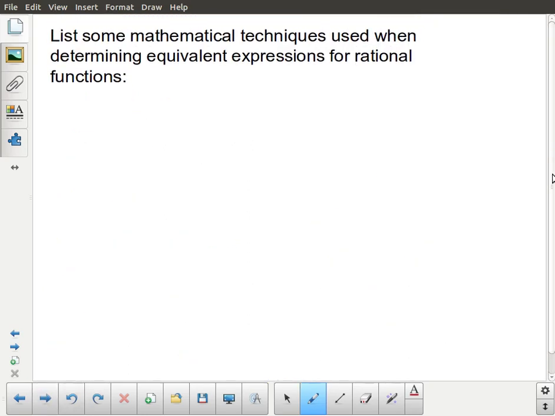Okay, so what are some of the things that we did here when we determined our equivalent expressions? One of the big skills we made use of was factoring. And the other thing we had to do was, after we factored, quite often we had to solve an equation. It is usually a simple equation.